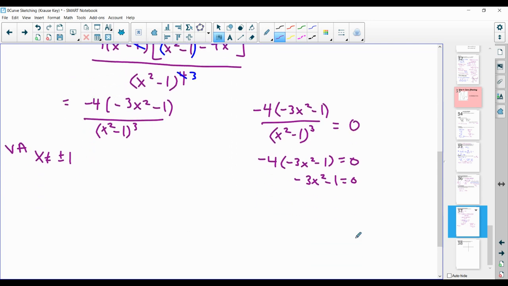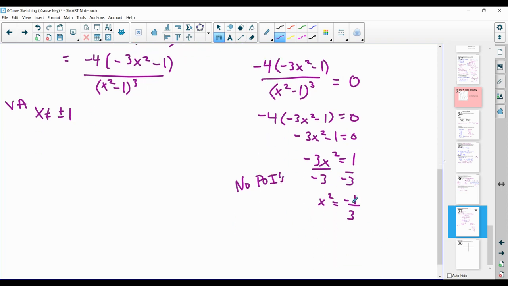So we're going to add 1 and divide by -3. So -3x squared equals +1, divide by -3, and x squared equals -1/3. Now I can't square root a negative, so this tells me I have no points of inflection, because I can't solve that any further.